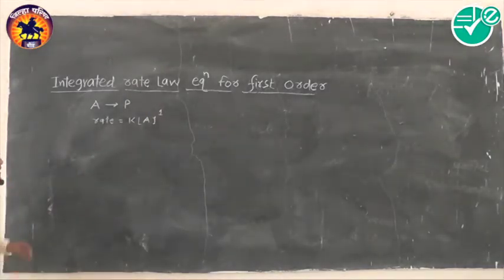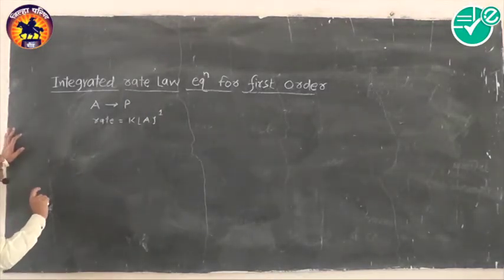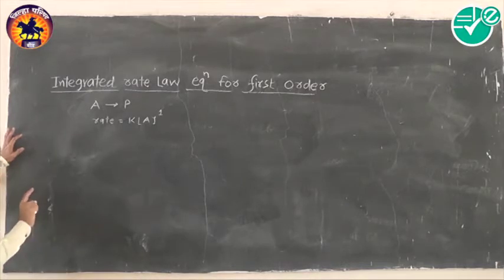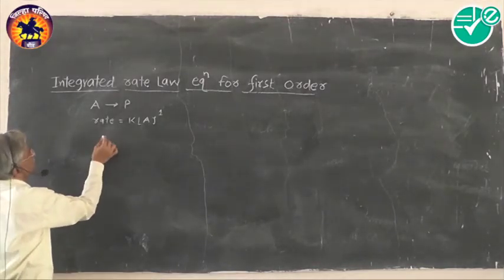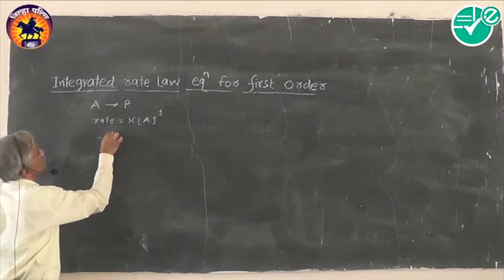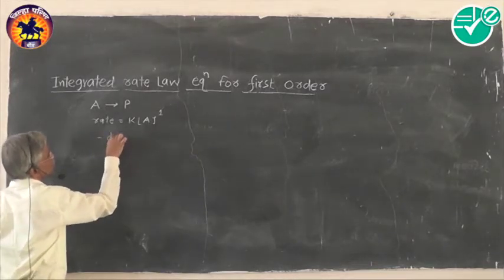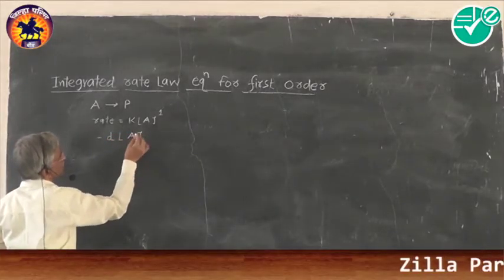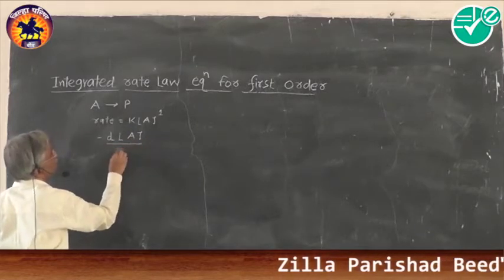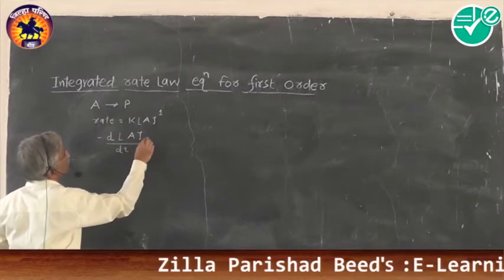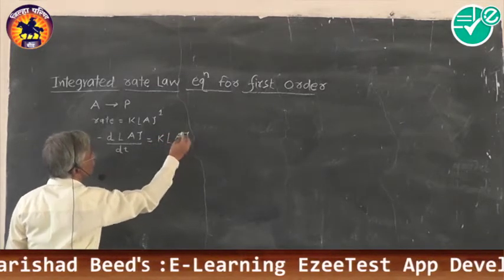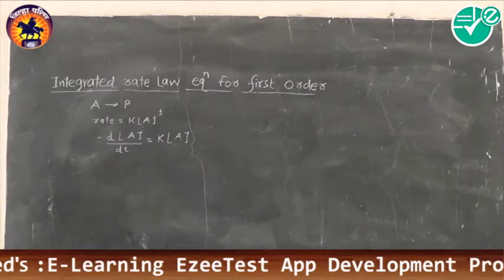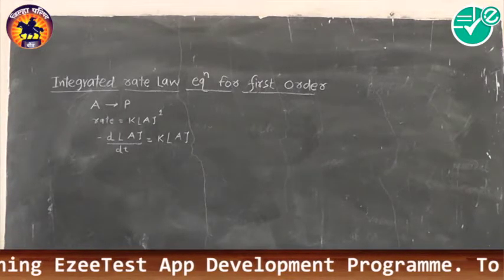That means the rate depends upon the first power of the concentration of the reactant A. Now I will write the same in differential form. The rate of change of concentration A with respect to time, dt, will be equal to K into concentration of A. This is a first order reaction.